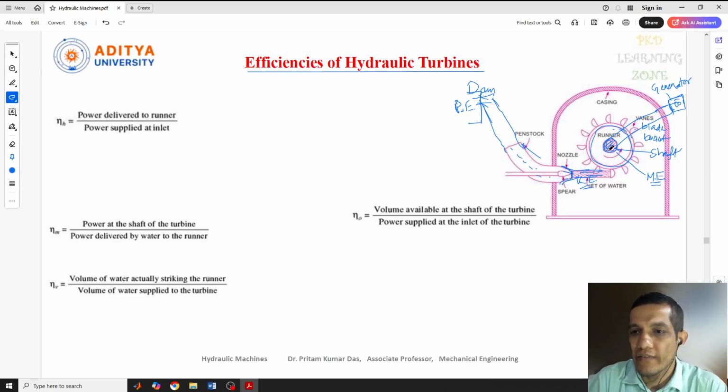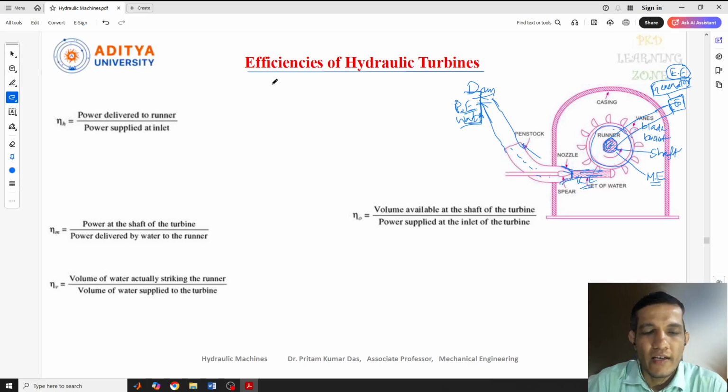As the shaft is connected to the generator, the electrical energy is generated from the generator, that means electricity is produced. So the potential energy of water has been converted to electrical energy through these processes. This is about the usefulness of the turbine I told you.